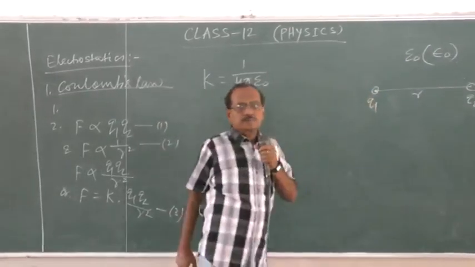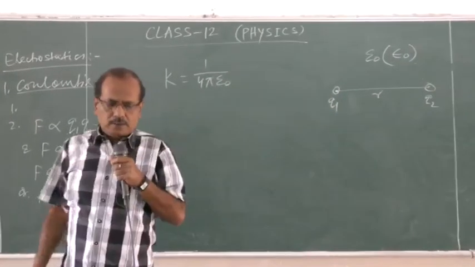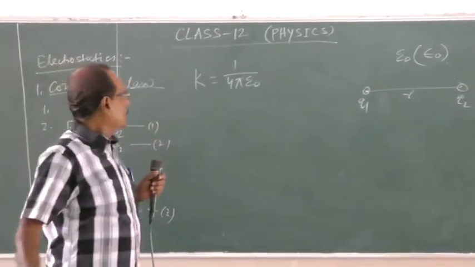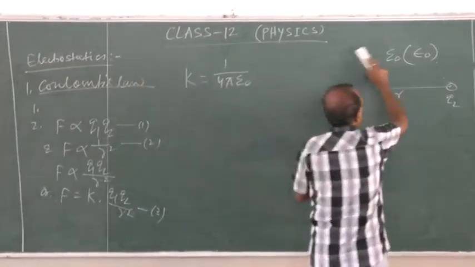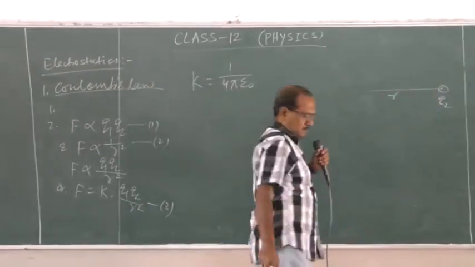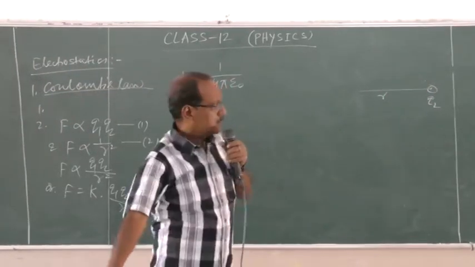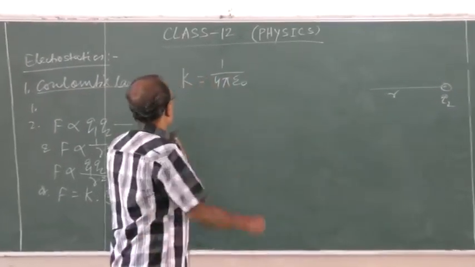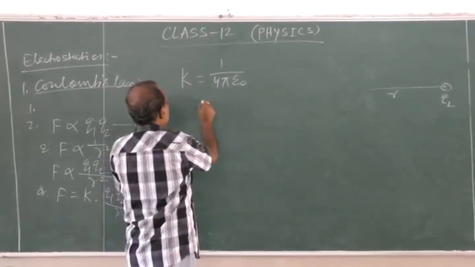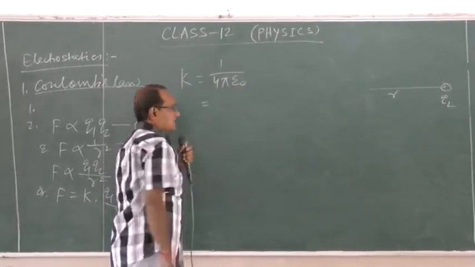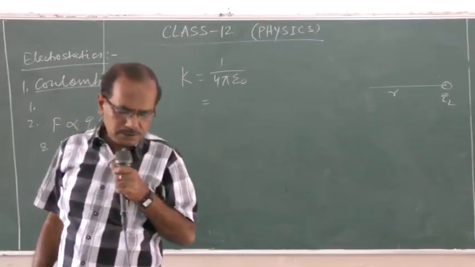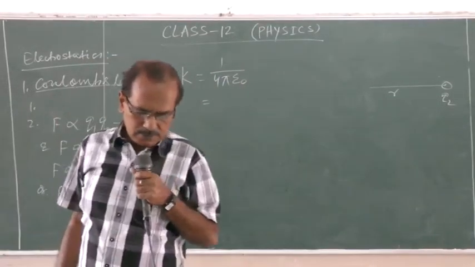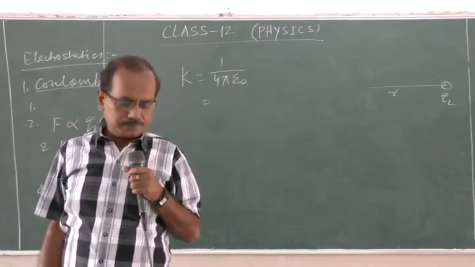Now, what is epsilon naught? Epsilon naught is the permittivity of free space or vacuum.